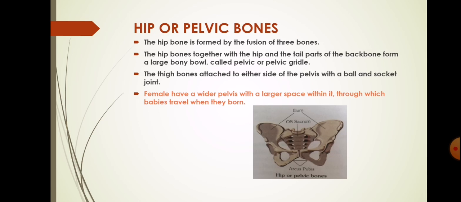Means if the skeleton is given to you and you are asked to recognize it, you will be able to recognize the skeleton by the pelvis, because women have a larger space within it compared to the male. Male and female have slightly different skeletons, because of different elbows and angles.